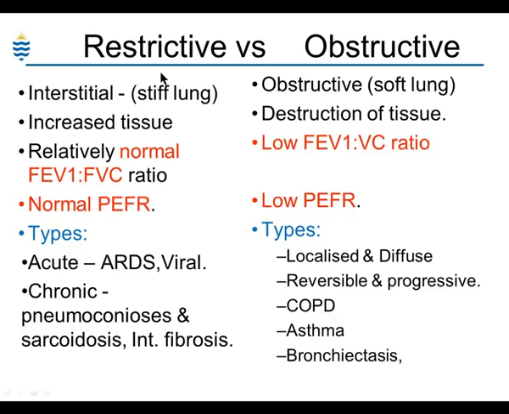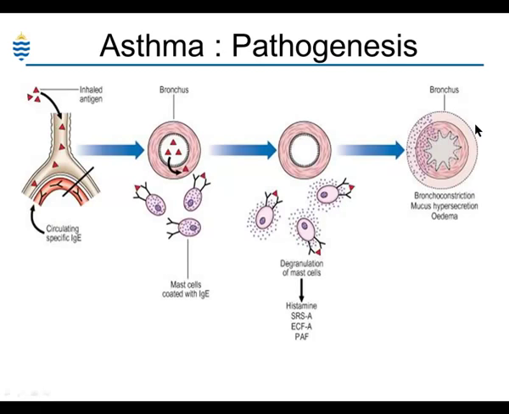Okay, difference between restrictive and obstructive disorders, you should remember, important because we asked this giving an LFT example. So, FEV1, FVC, what is the difference between these two, restrictive versus obstructive? Asthma is combined, it is obstructive as well as restrictive.